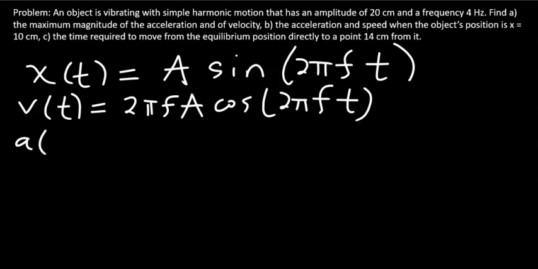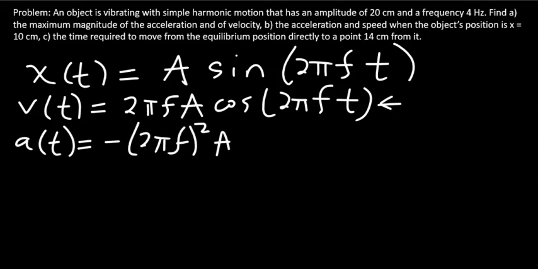To proceed to the acceleration, as we have seen earlier in this video, we need to take the derivative of this function with respect to time, and that's going to give you minus (2 pi f) squared A sine 2 pi f t.